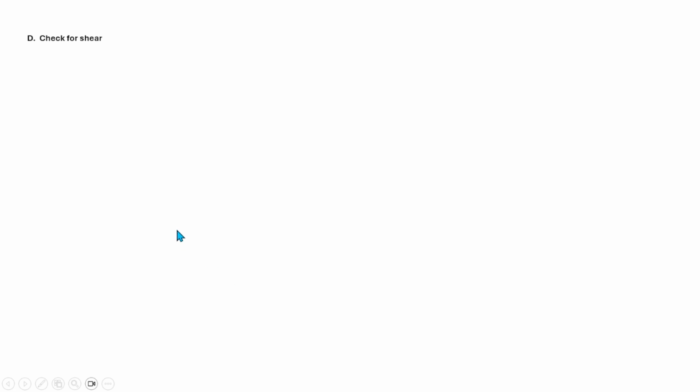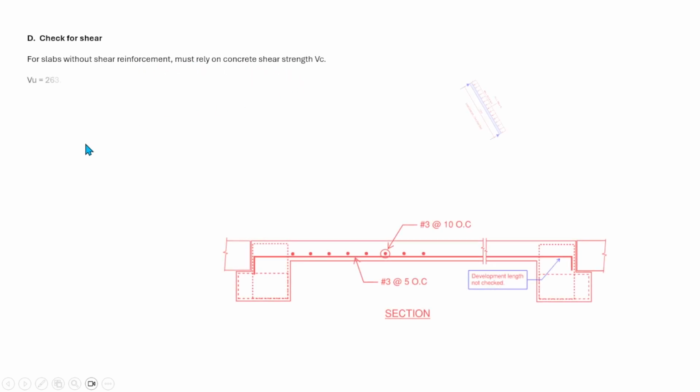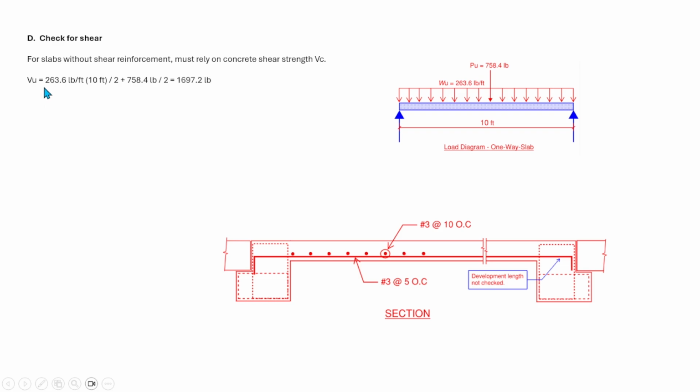Now we will check for shear. So a slab without shear reinforcement must rely on concrete shear strength, Vc. So for Vu, that is equal to 268.6 pounds per foot. So we have this one here.